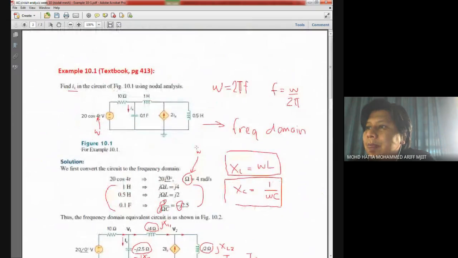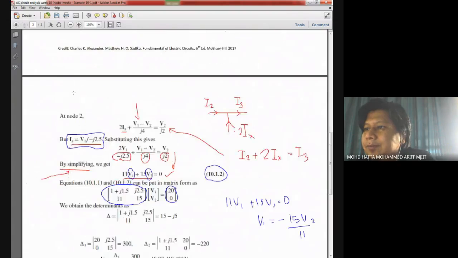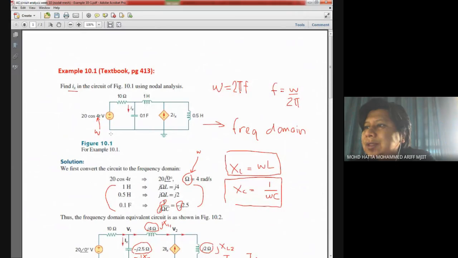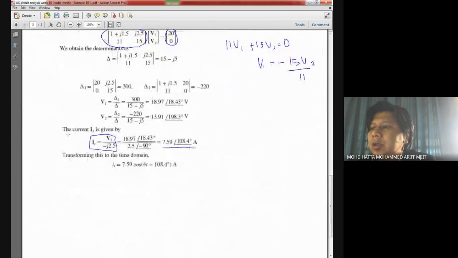Although the question doesn't mention the time domain, whether you should represent your answer in time domain or in frequency domain, since the question is given in time domain, and the current Ix here is not written in capital letters, the original question is given in time domain representation, meaning that the current you need to calculate also needs to be transformed back into its time domain value.